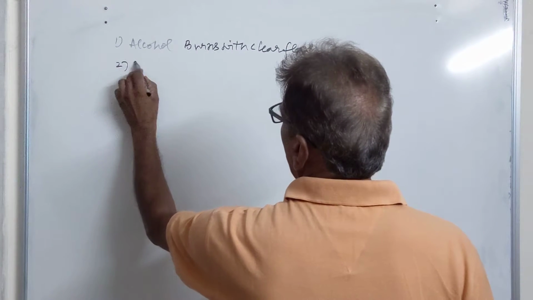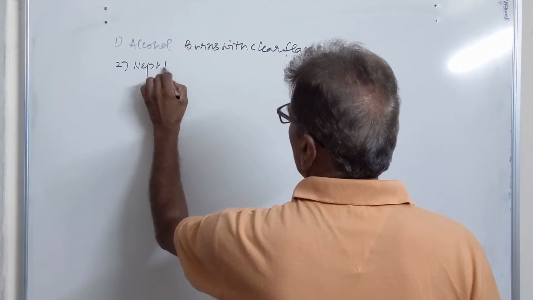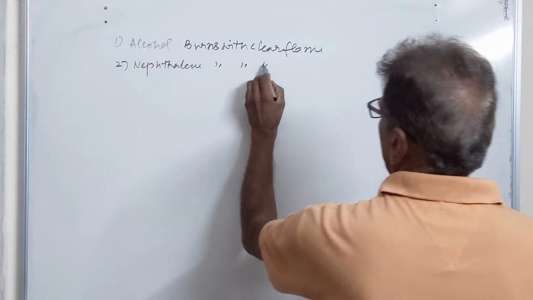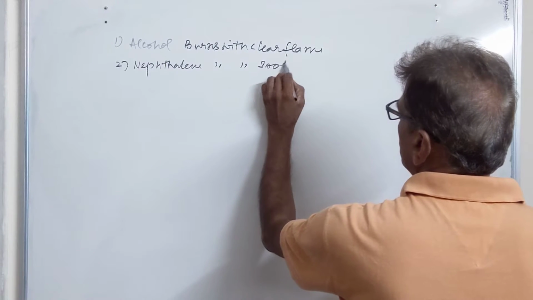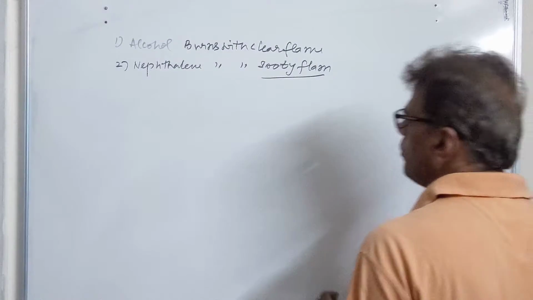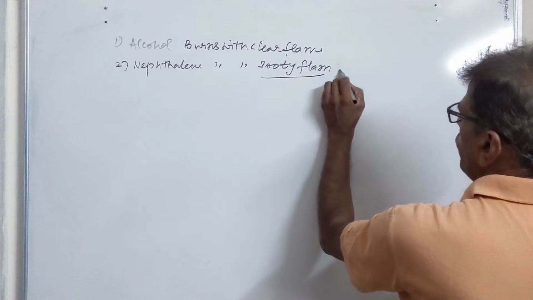Then we have naphthalene. It burns with a sooty flame, having a lot of unoxidized carbon, and a sooty, yellow flame.